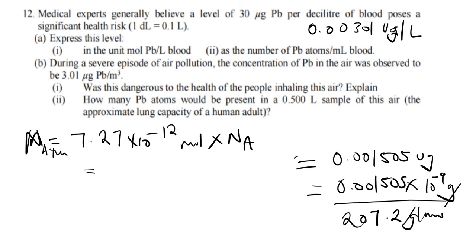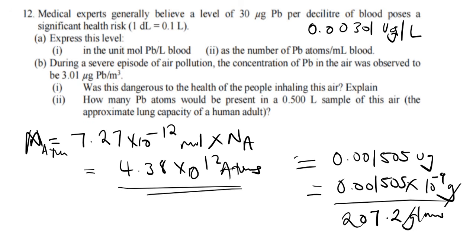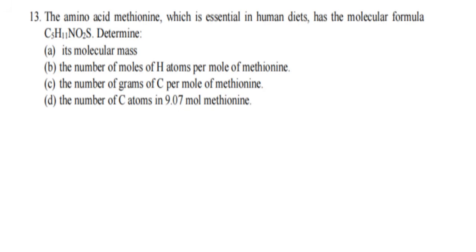So we're going to have 4.38 times 10 to the power 12 atoms. So that is what we have in terms of atoms. That is how we solve this question. If we're going to round it off, 4.4 times 10 to the power 12 lead atoms in about 0.5 liters of air.